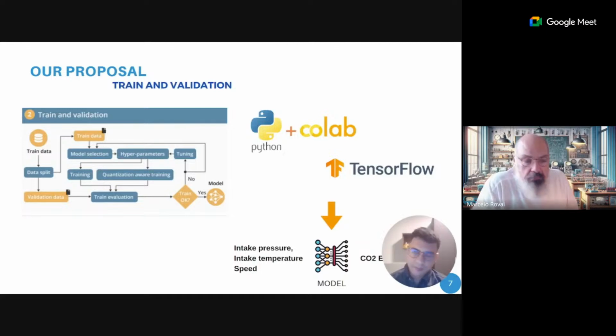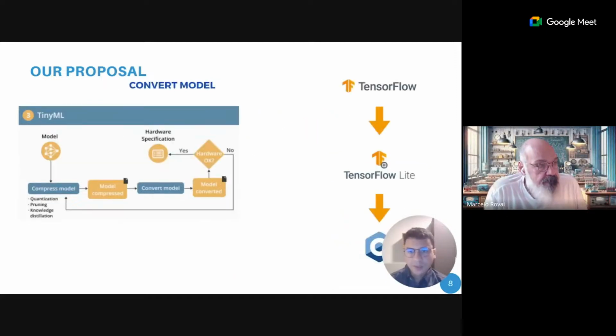We use Python and Colab with TensorFlow to create the model. The input of the model is the pressure, temperature, and speed of the car, and the output is to estimate the CO2 emission, a greenhouse parameter.